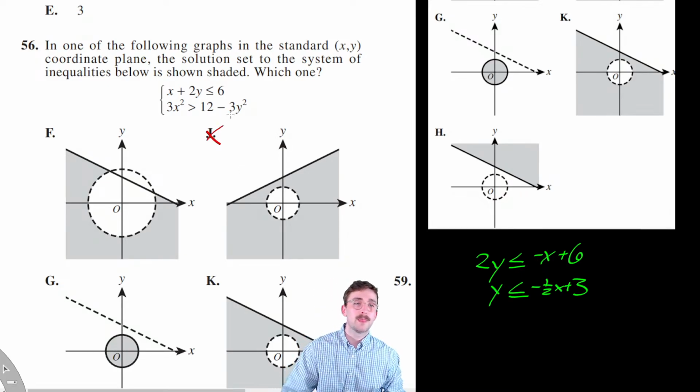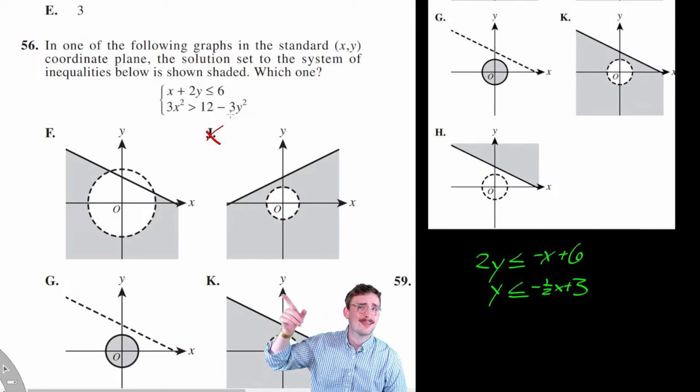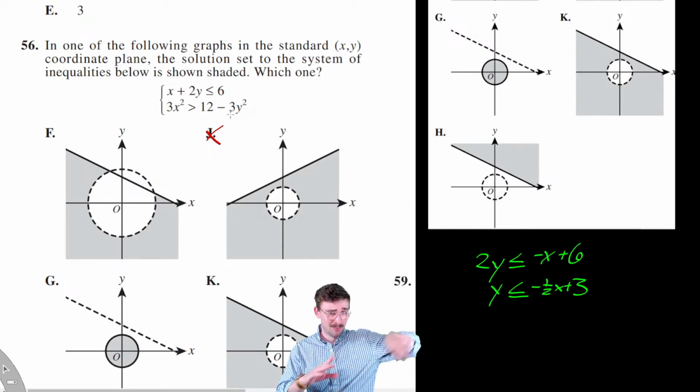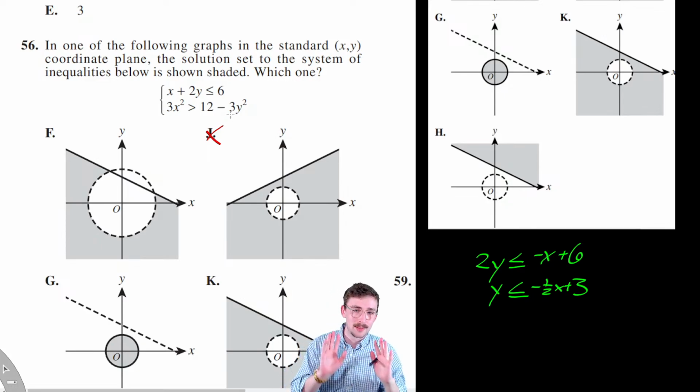Okay, now you could graph this yourself, and I'd actually recommend it. The tricky thing is with the circle graph. With a circle graph, you have to take the square root and do y equals positive square root and y equals negative square root. But I'm going to try a process of elimination here.